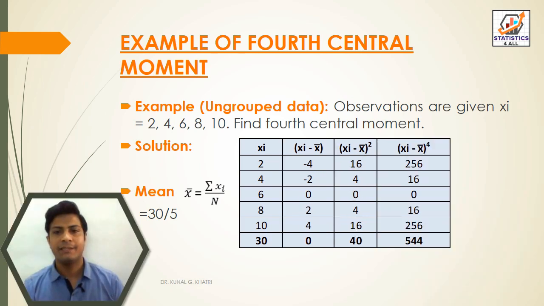After finding (xi minus x bar) whole square, we will find (xi minus x bar) to power 4. That is, we will take (xi minus x bar) whole square multiplied by (xi minus x bar) whole square.